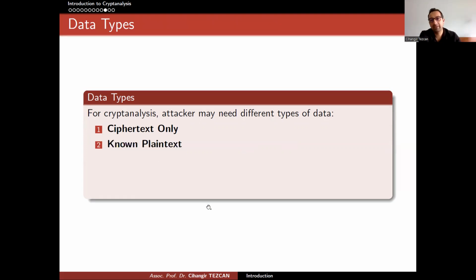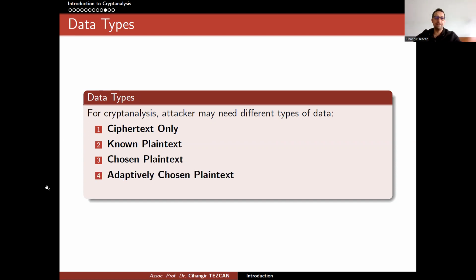If you can break it only by knowing some plaintext and corresponding ciphertext, then we call it a known plaintext attack. If you can break a cipher, but your attack works only with plaintext chosen in a specific way, then we call it a chosen plaintext attack.